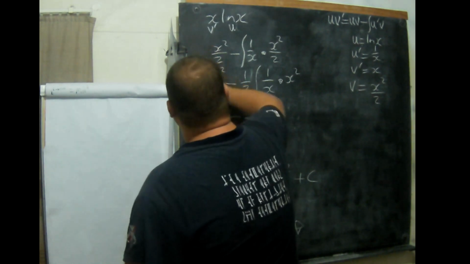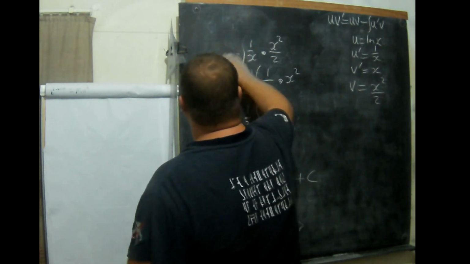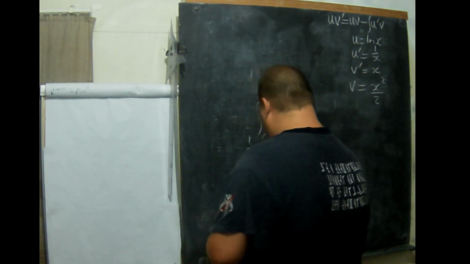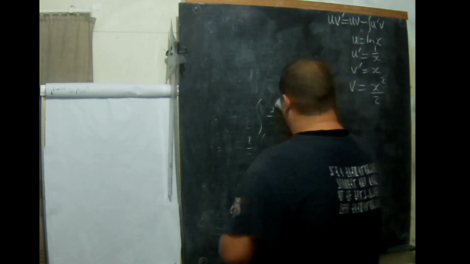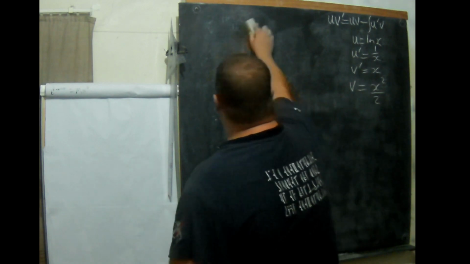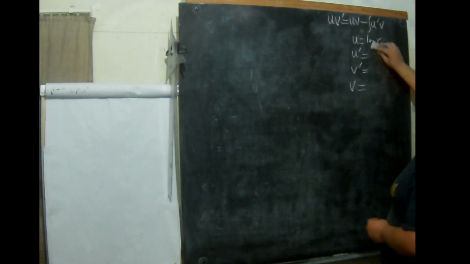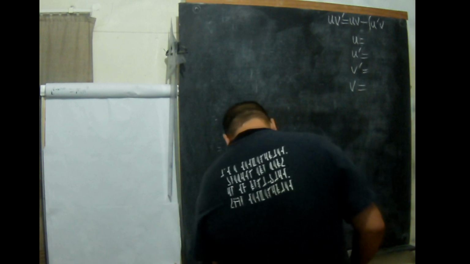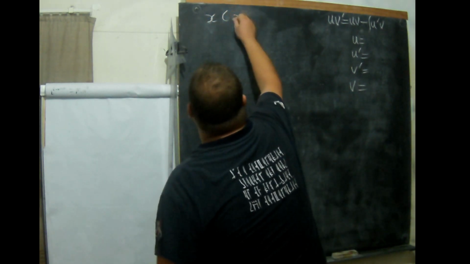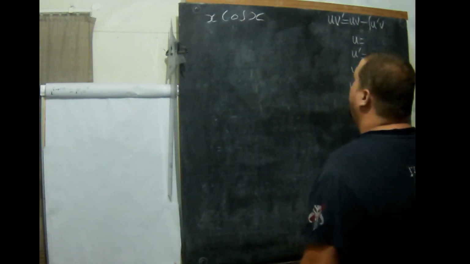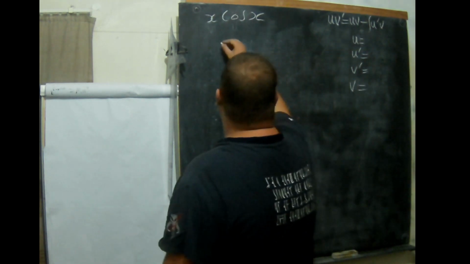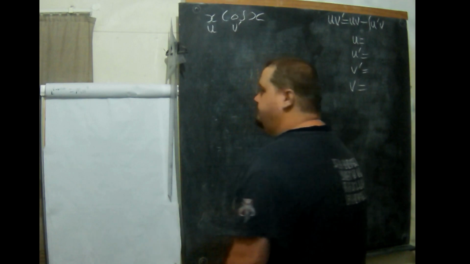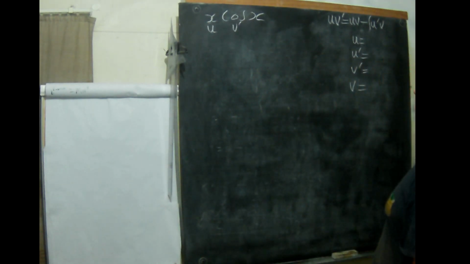Now, next sum. The integral of x cos x. Okay. x will be u and cos x will be v prime in this case.